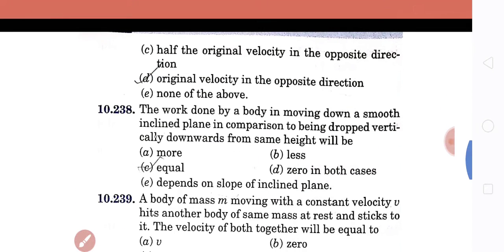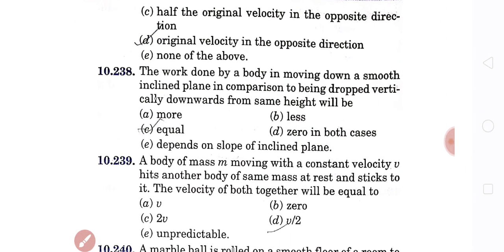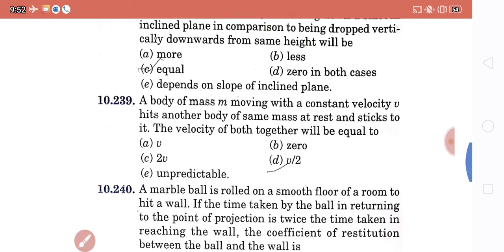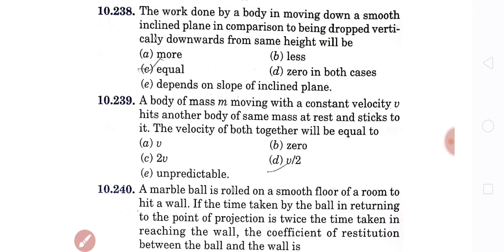Next question. The work done by a body in moving down a smooth inclined plane in comparison to being dropped vertically downward from the same height will be equal. Next, a body of mass m moving with a constant velocity v hits another body of the same mass at rest and sticks to it.